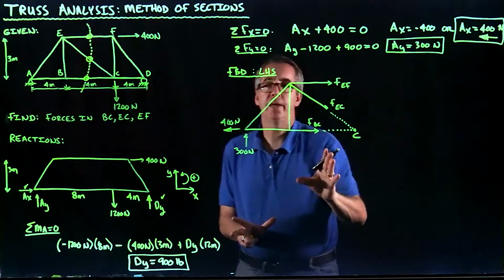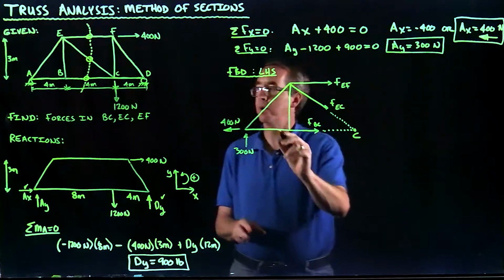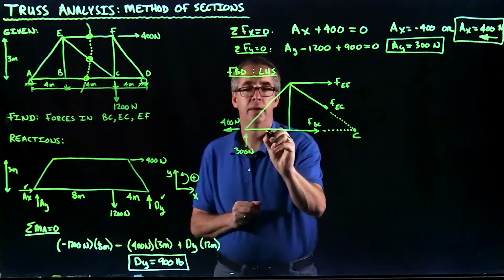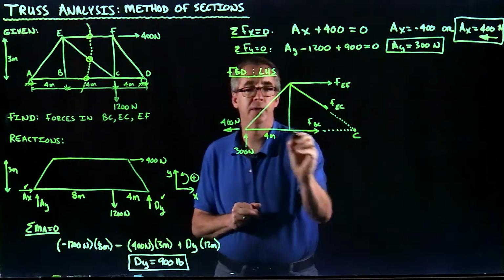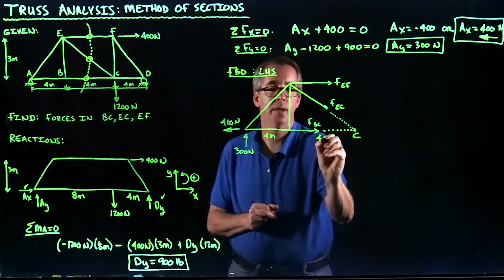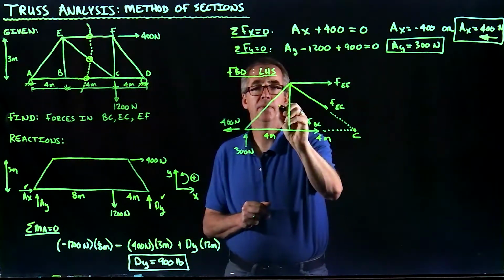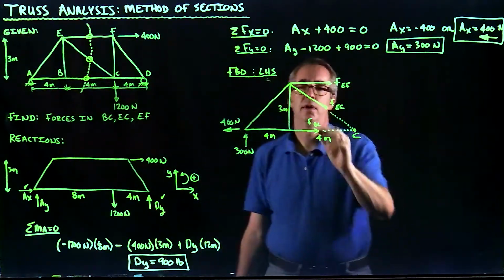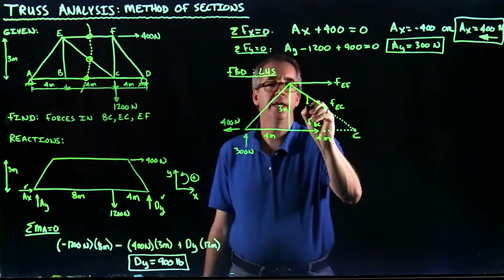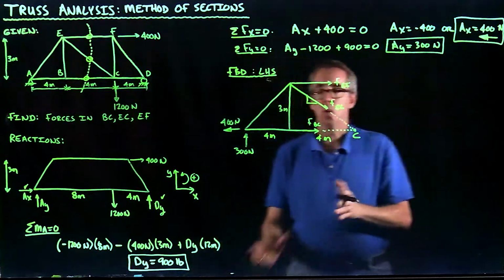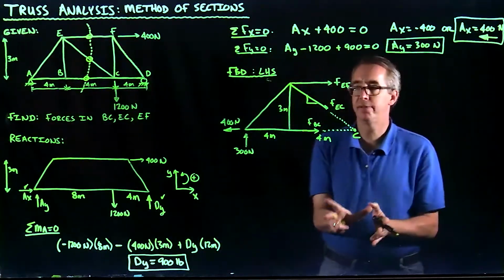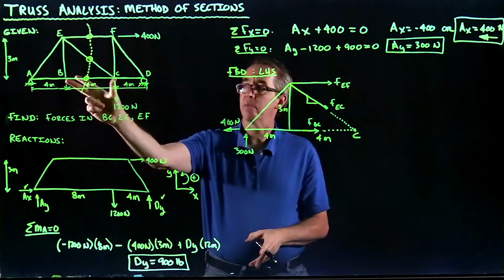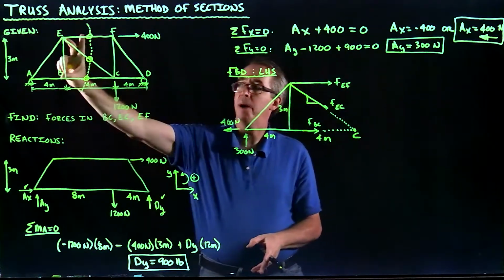Okay. Making sure of a couple things. Let's go ahead and put some dimensions in here. This is 4 meters here. This is 4 meters here. This height here was 3 meters, right? The overall height of the truss. I know I'm going to need this, so I'm going to go ahead and take care of it now. When I look at the slope of member EC, it's got a run of 4 and a drop of 3.